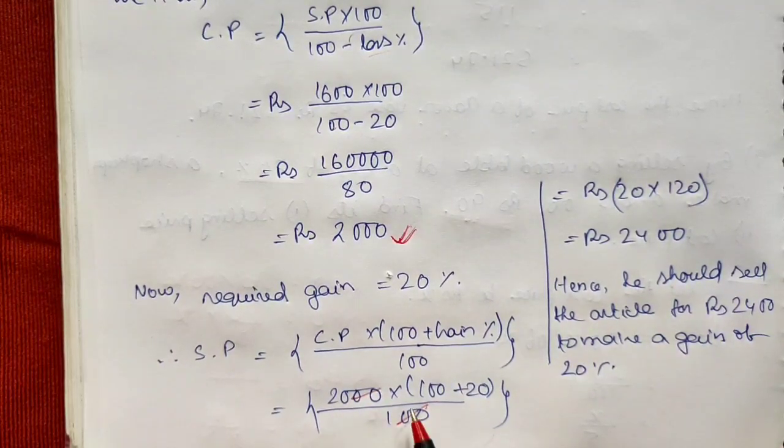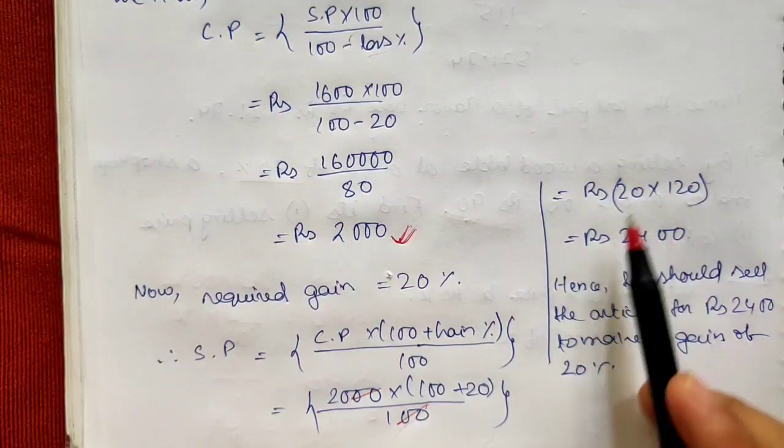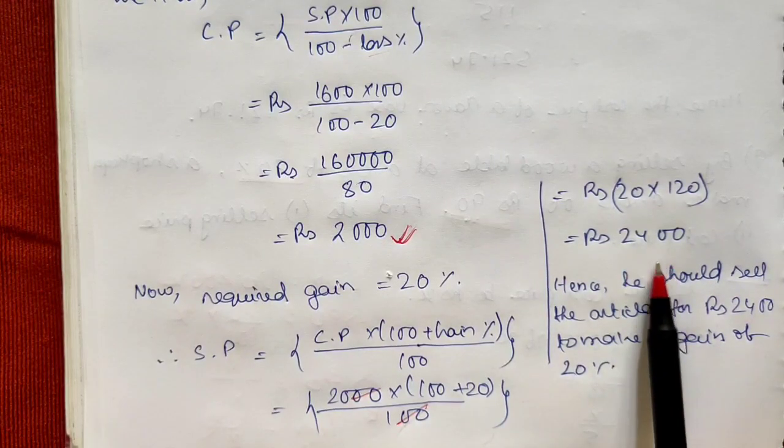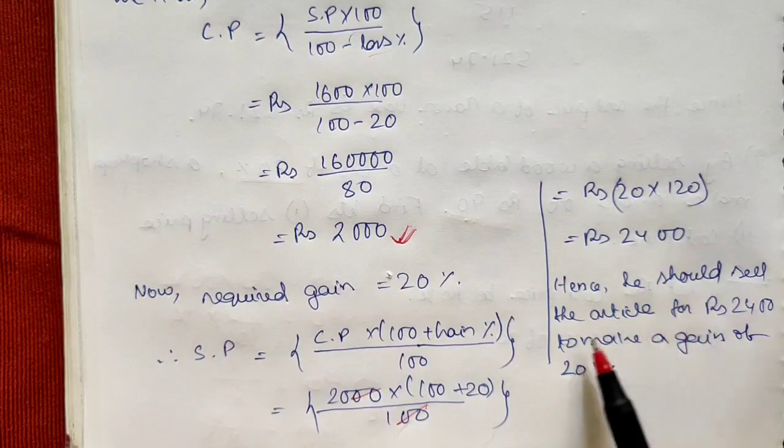So here is left 20 into 120. So we have written rupees 20 into 120, that is 2400.